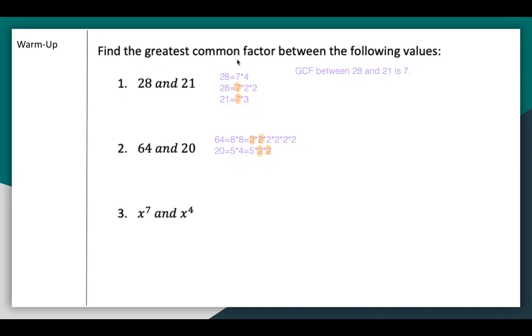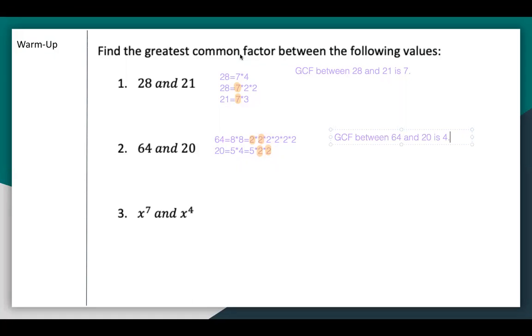And so the greatest common factor, the GCF between 64 and 20 is 4. Okay, because 2 times 2 is 4. Everything else left behind has nothing to do with the greatest common factor here. It's just the numbers that both of them share. There's no 5 in the rest over here, and there's no other 2's left with our factors of 20.